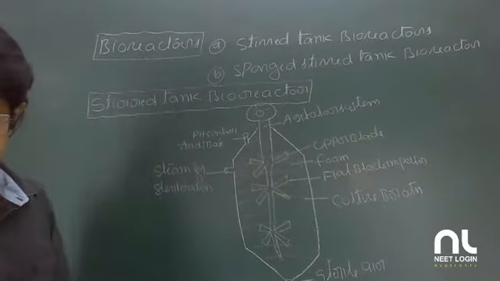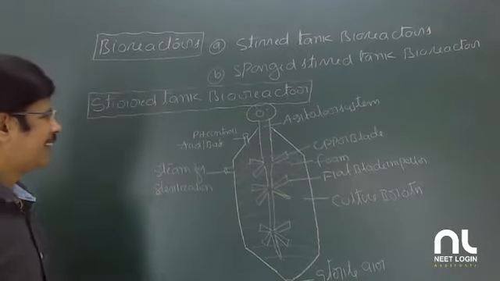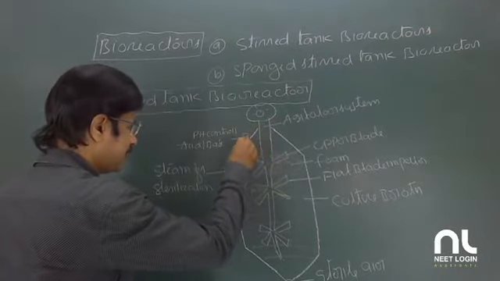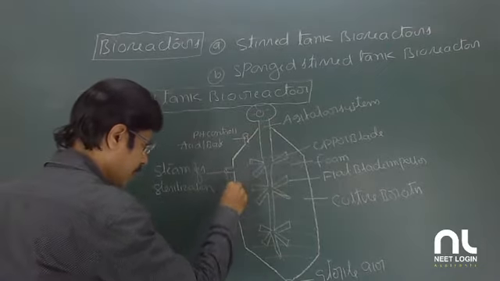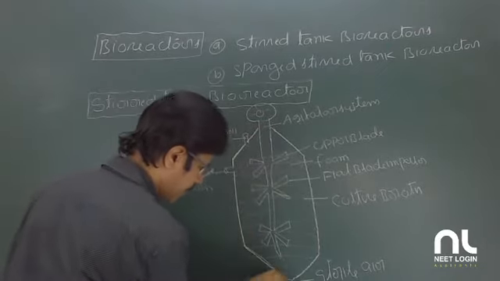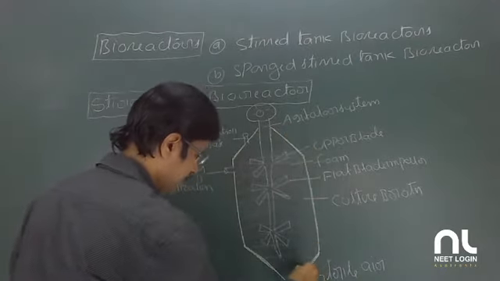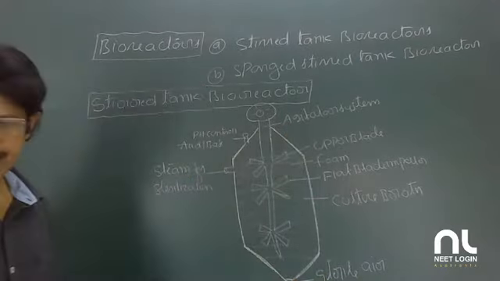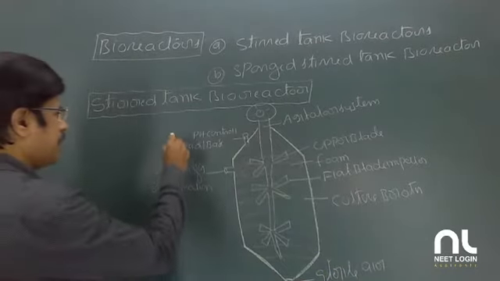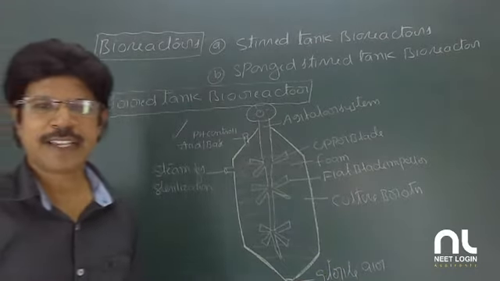So in this stirred tank bioreactor, labeling is very, very important. This is the labeling: pH controlling system, that is acid and base.